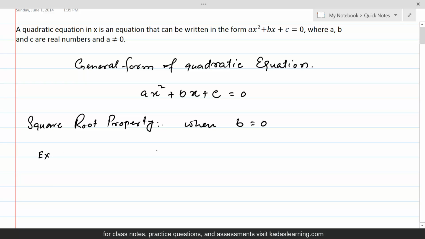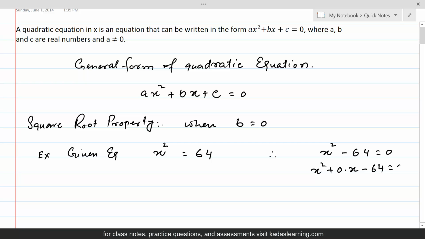So the given equation is x squared is equal to 64. If we want to compare it with the standard form, we can certainly write x squared minus 64 equal to 0, and then x squared plus 0x minus 64 equal to 0.